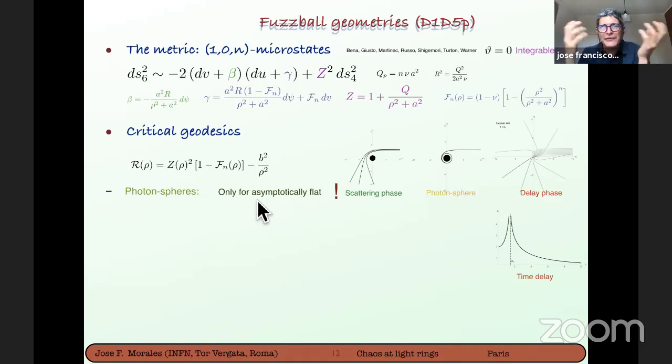For Schwarzschild it's 1.5, two or three times the radius of the horizon. Therefore, it's not close to the horizon. If you come from infinity, you will never reach the near-horizon region. But this does not exclude that you can find other geometries in which you can reach this black hole photosphere from infinity.